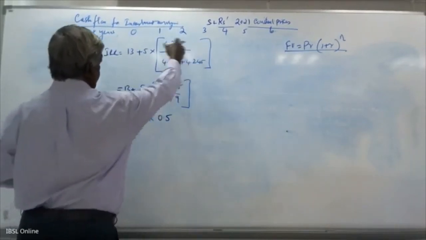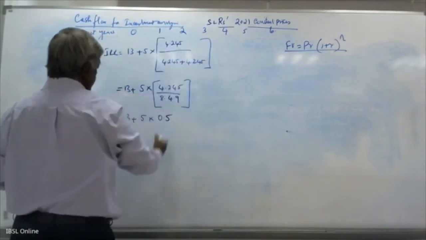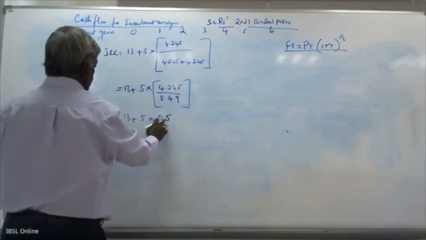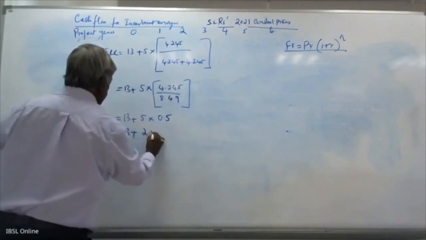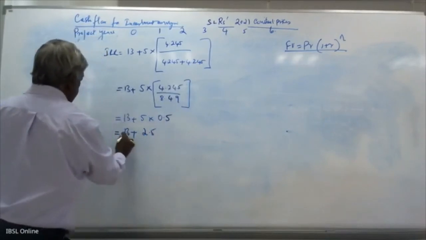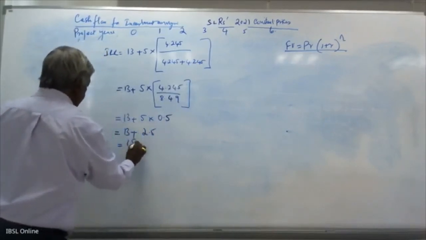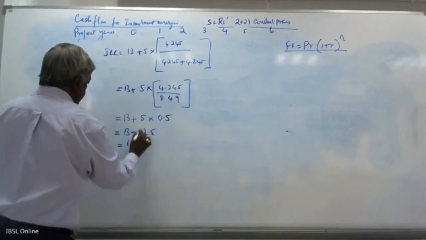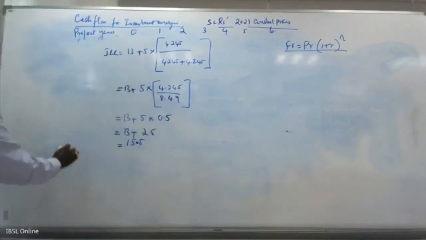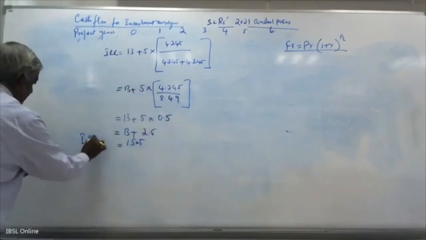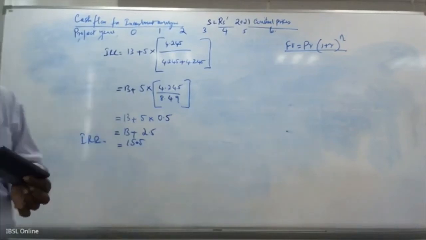First of all, you attend the within bracket, solve, and then multiplication 5 into 0.5, 2.5. That is equal to 13 plus 2.5, 15.5. So the IRR is equal to 15.5.